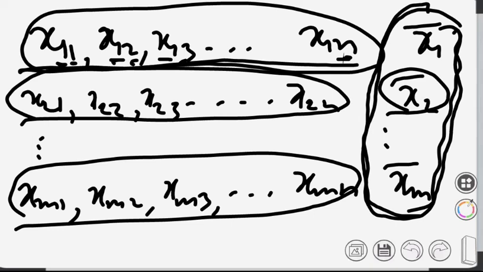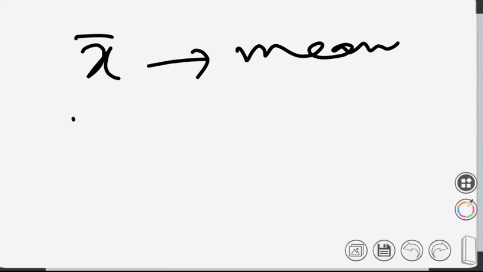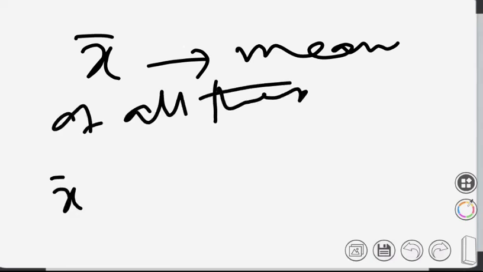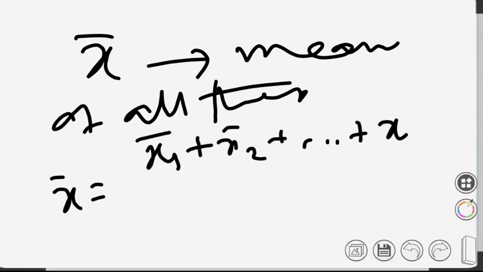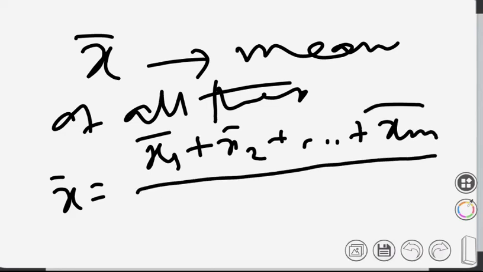And intuitively we can say that x bar is the mean of all these means. So x bar, which is x1 bar plus x2 bar plus dot dot plus xm bar, divided by m, because there are m samples.